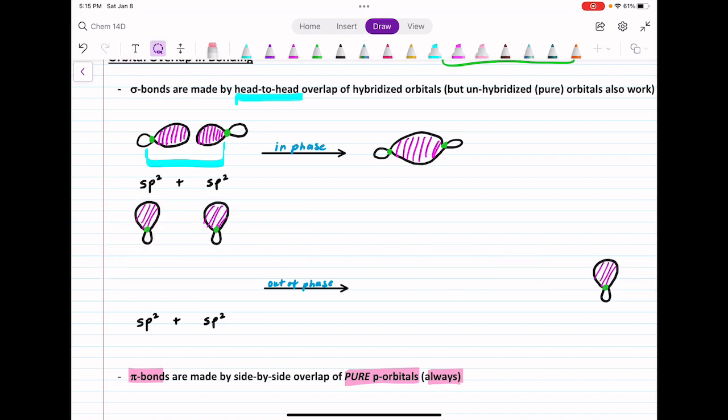Right now I'm going to note that this is a side-by-side. So I'm going to cross them out and say that's not what I'm going to do. I'm going to do the head-to-head overlap.